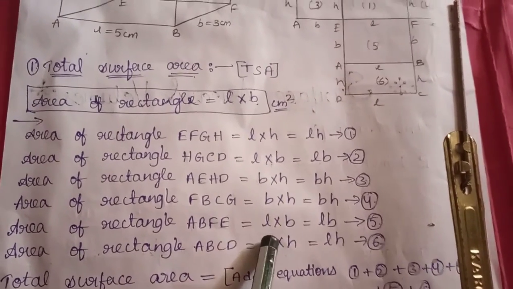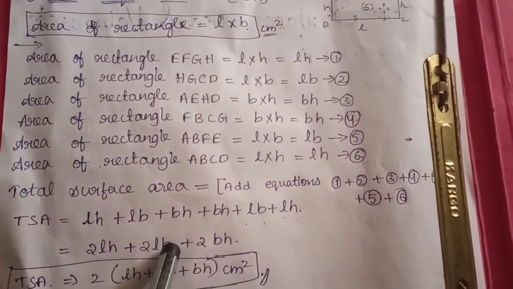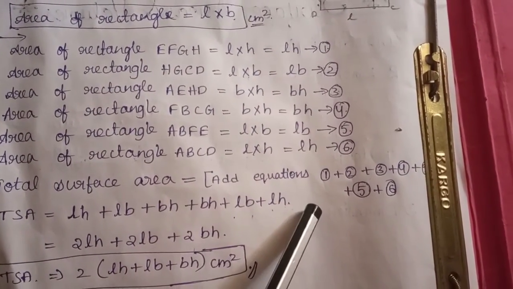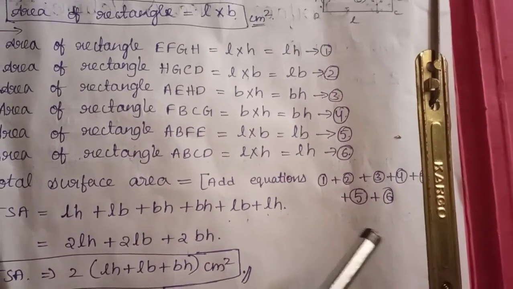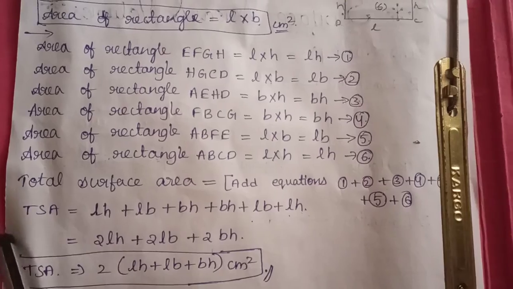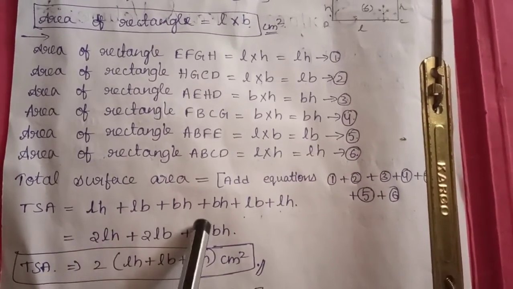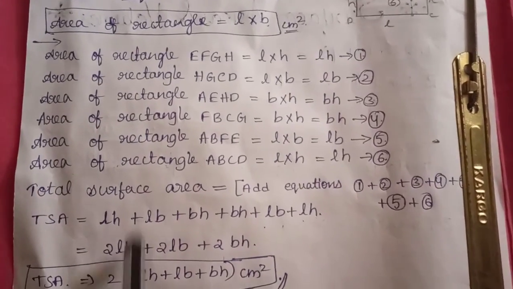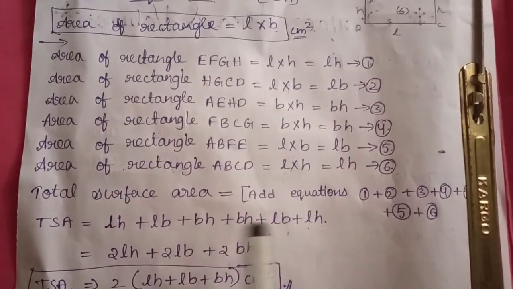Now we should add these 6. Total surface area equals the sum of equations 1 plus 2 plus 3 plus 4 plus 5 plus 6. So total surface area equals LH plus LB plus BH plus BH plus LB plus LH. Here you can see LH and LH, that is 2 LH.